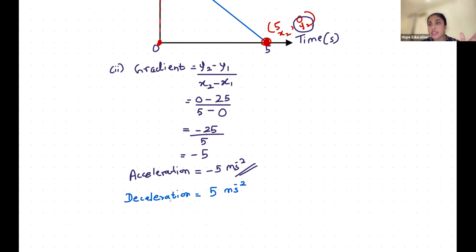But here they have asked acceleration, so we can just put minus 5 m s to the minus 2, though what has actually happened is a deceleration. If they ask deceleration, that would be 5 m s to the minus 2. Is that clear to everybody? Thumbs up, please.